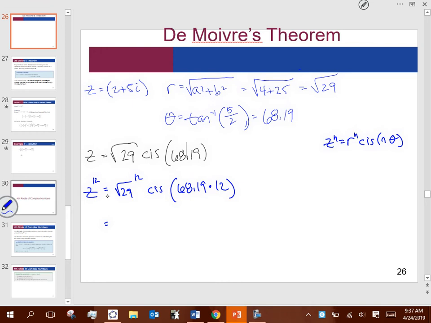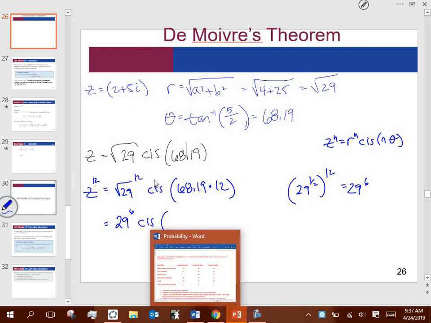I'm going to condense this a little bit, make it cleaner looking. Okay. This root 29 to the 12th, is that the same thing as 29 to the 1/2 raised to the 12th? What's a better way of writing that? 29 to the 6th. So it just gets rid of the radical. You don't have to do that. You're going to get your calculator out here in a moment anyways.